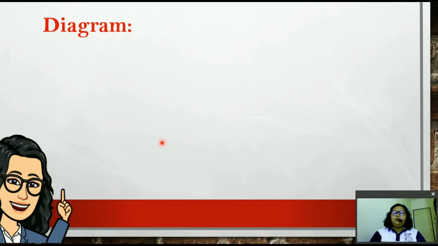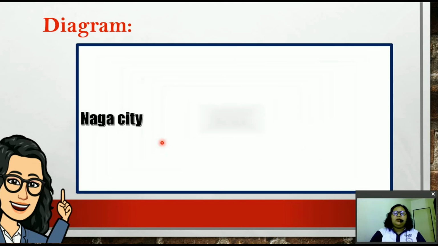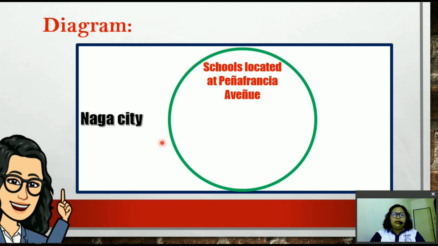If I were the one to illustrate, I would use a rectangle to illustrate set A as the entire Naga City. The entire Naga City includes all the schools, market, the people, hospitals, and a lot more. And then, where am I going to place set B? Will it be outside the rectangle or inside the rectangle? It would be inside the rectangle because Peña Francia Avenue is located inside Naga City.